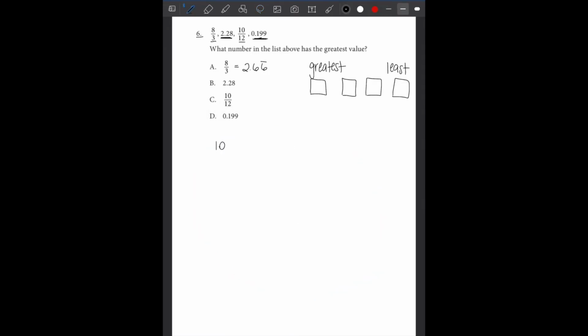Now we're going to do 10/12. Can 12 go into 10? No. So we have to add this decimal and put a 0 right there. Can 12 go into 100? Yes. 8 times. 8 times 12 is 96. 100 minus 96 is 4.